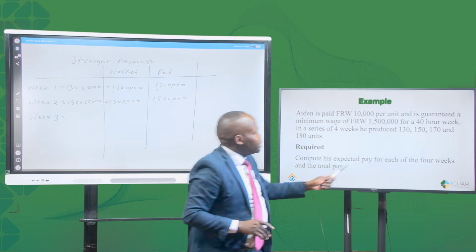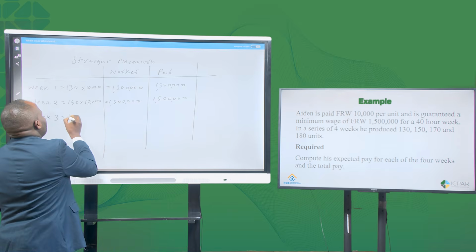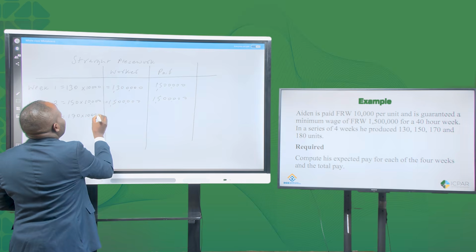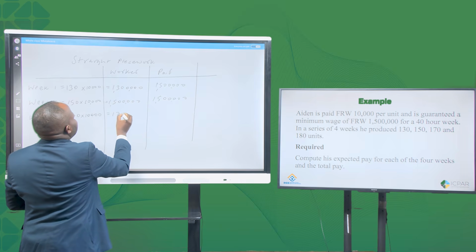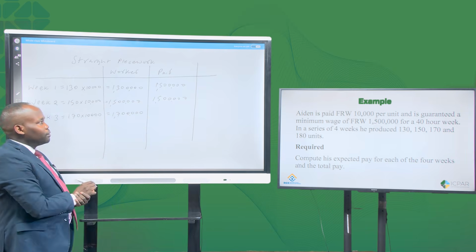Week 3, they produced 170 units. So 170 times 10,000 gives us 1.7 million.